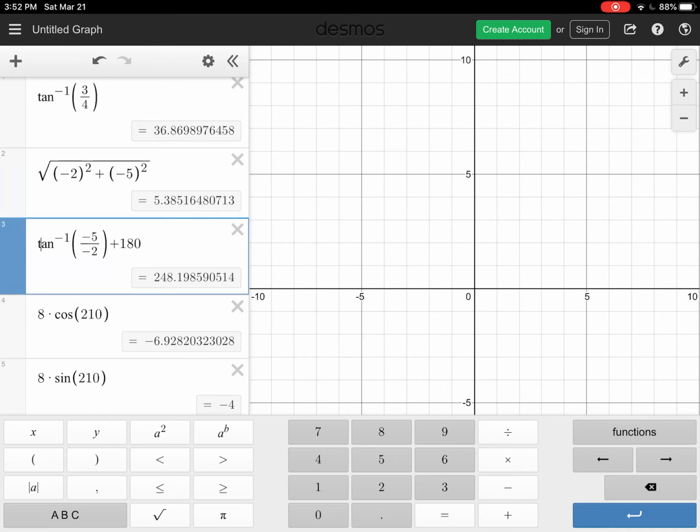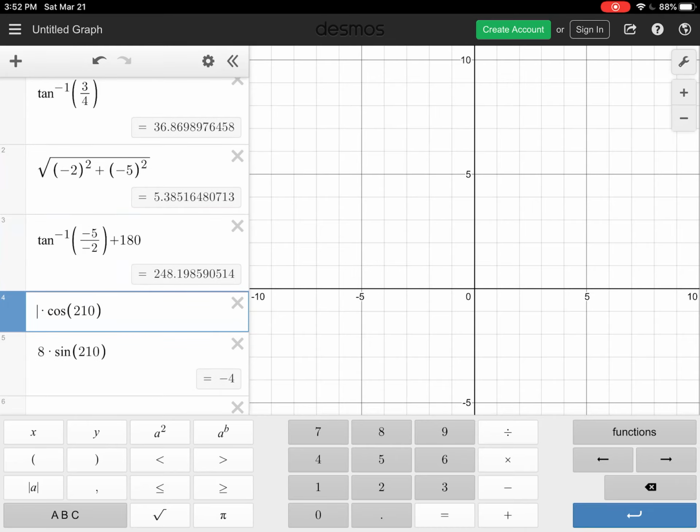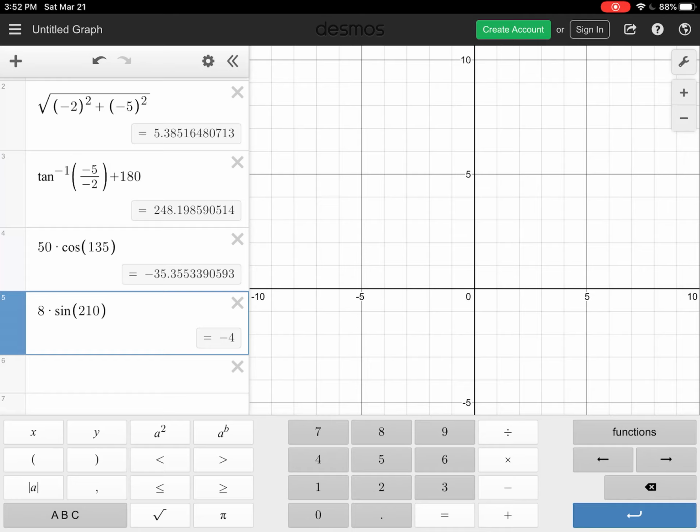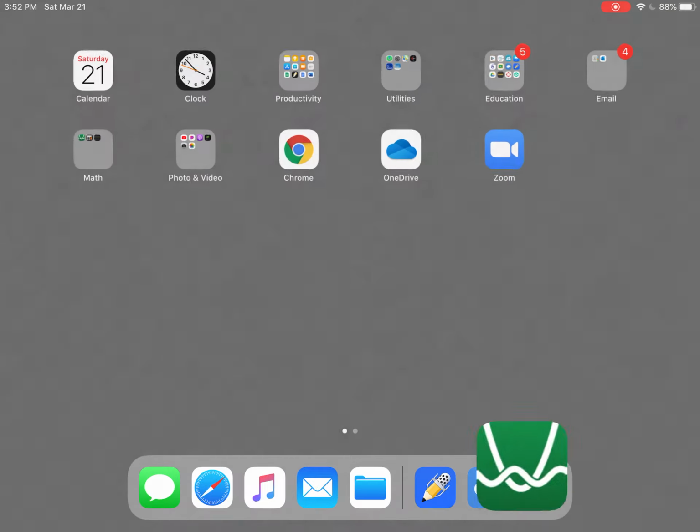So I'm just going to come back up here. There's the horizontal and there's the vertical. So negative 35.4 and 35.4.